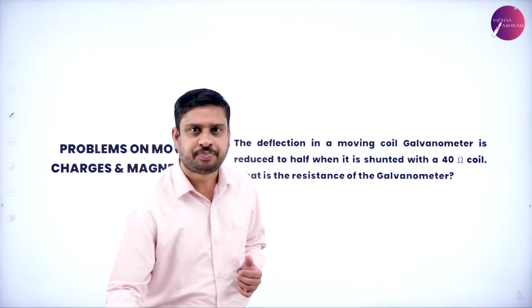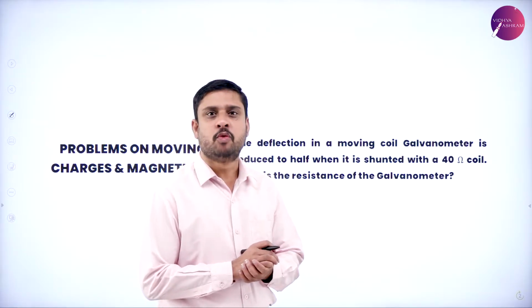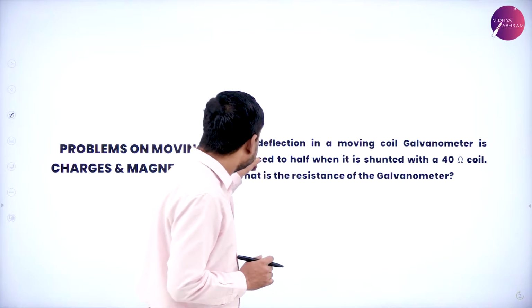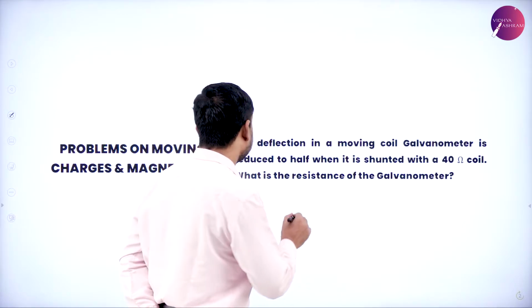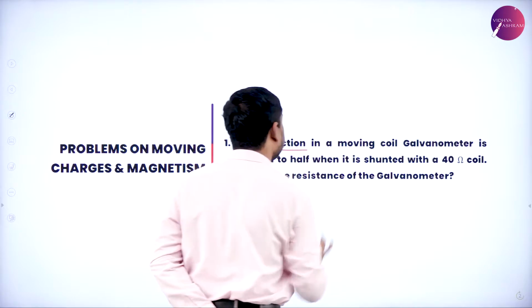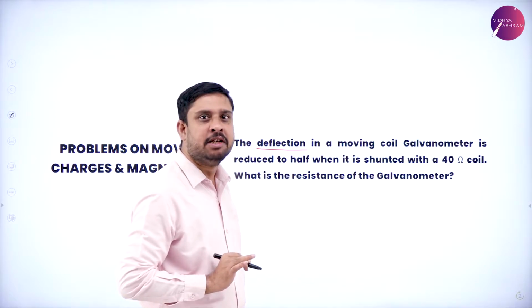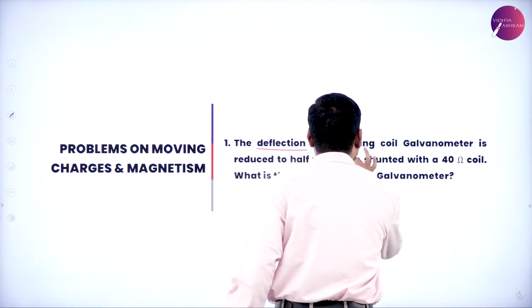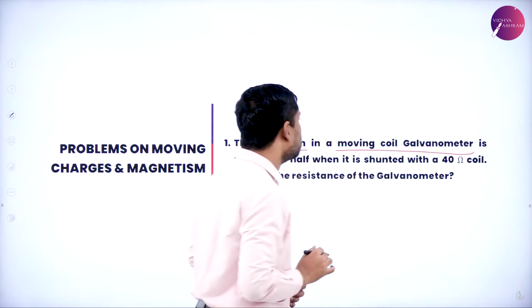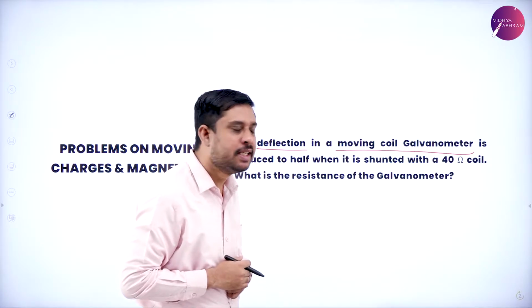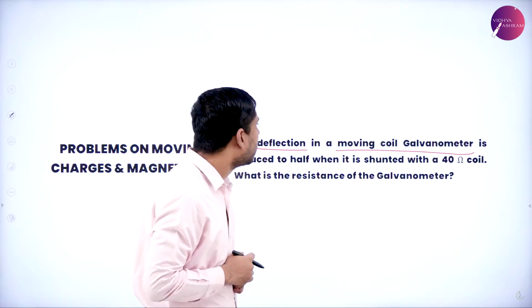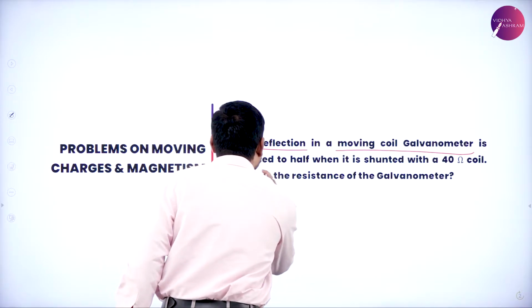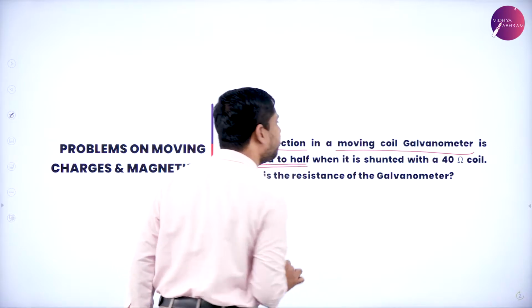So the first one, this is also one of the entrance problems. The problem says the deflection in a moving coil galvanometer is reduced to half.